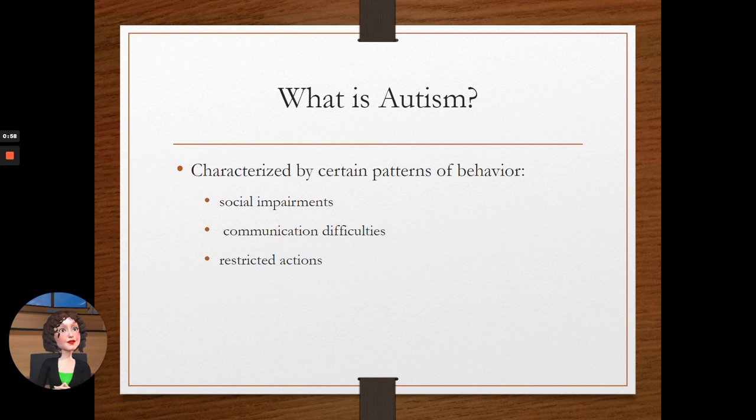So some of Christopher's characteristics are he has a lot of social impairments, meaning he has difficulty interacting with people. He has difficulty understanding people and the way that they think. And he also has trouble communicating. He has some restricted actions, which means, for instance, that Christopher does not like to be touched.